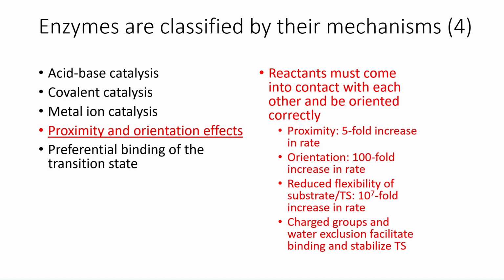So each of these different factors can help make a reaction go much, much quicker. And so sort of similar things to what we were talking about before in terms of stabilizing the transition state, things like charged groups in that active site, as well as the exclusion of water, can help to facilitate the binding of the substrate, as well as to help stabilize that transition state.